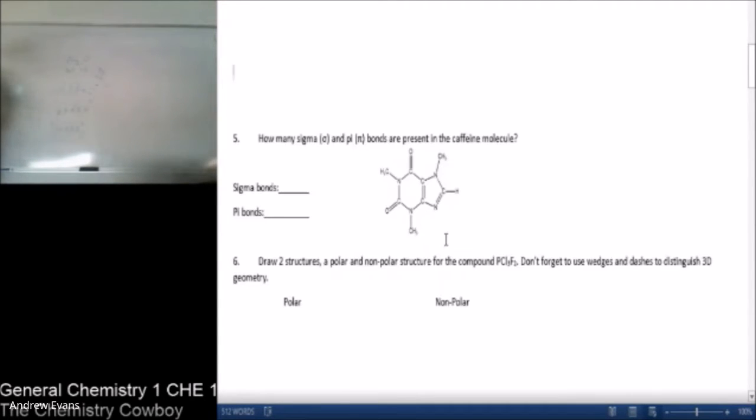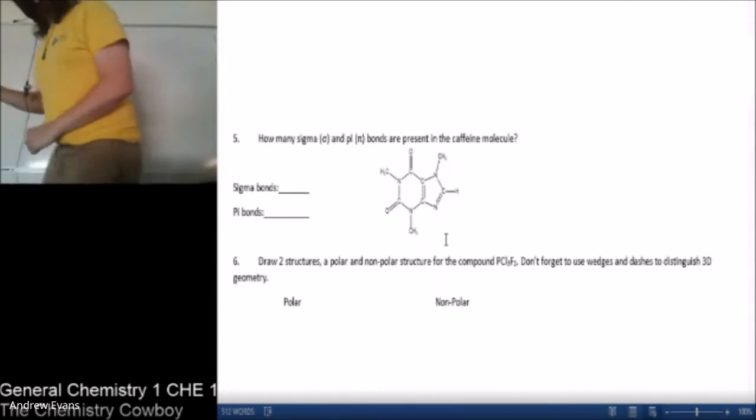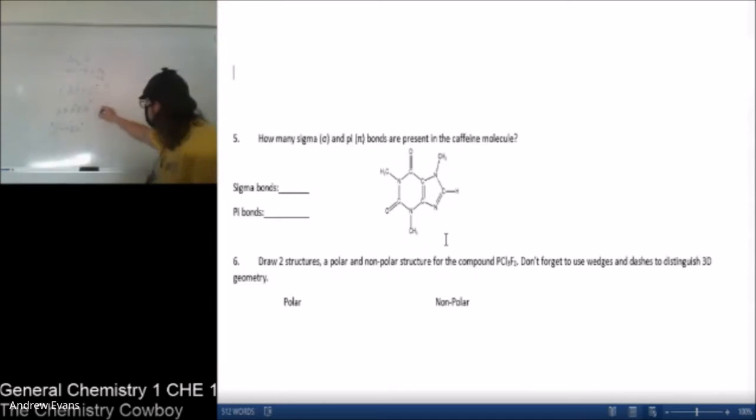There are 3 CH3s, meaning there are an extra 9 bonds not shown. A CH3 is equivalent to a C with H, H, H. So the total number of sigma bonds is 16 plus 9, or 25.